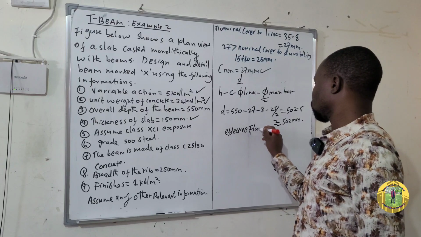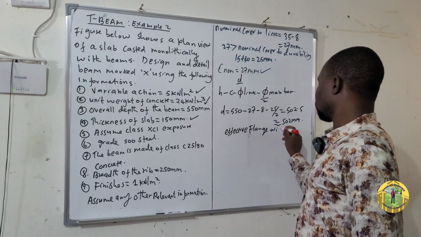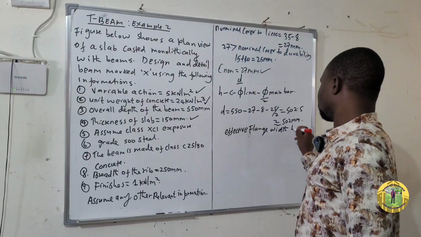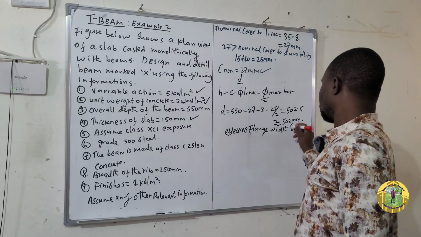After this, we proceed to effective flange width, which is B effective, like that.